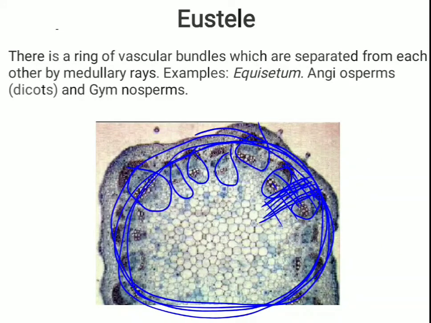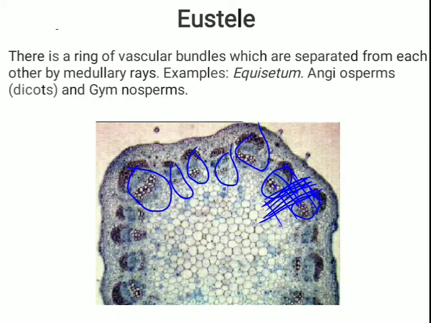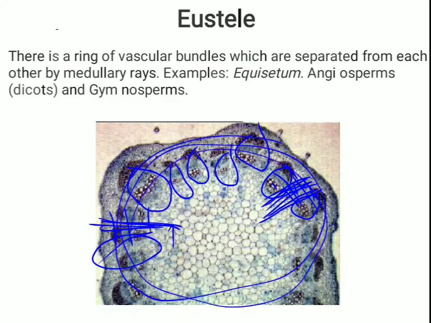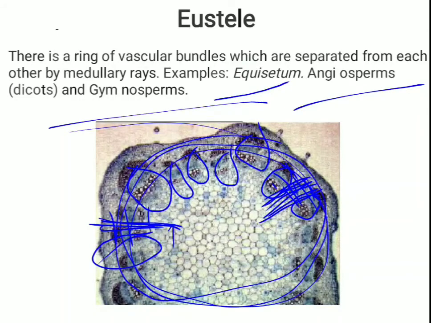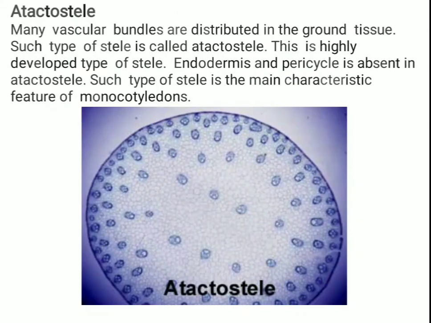In eustele, the vascular bundles are divided by this medullary ray structure, and the vascular structures are arranged in a ring manner, so it is known as the eustele. An example is Equisetum, angiosperms and gymnosperms. Okay, then atactostele. Many vascular bundles are distributed in the ground tissue.